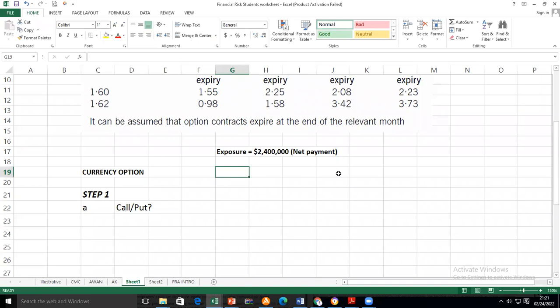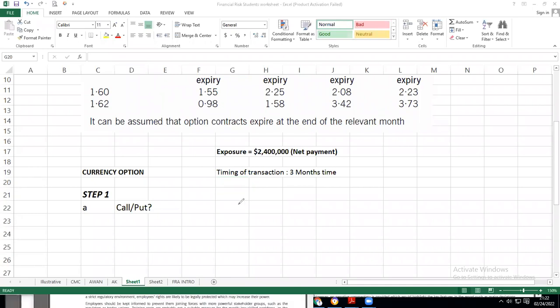When was our exposure? When was the timing of our transaction? So in 3 months' time, what was our company expected to do?